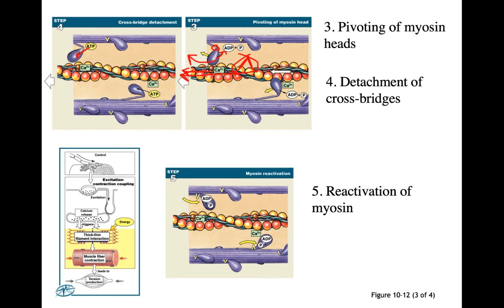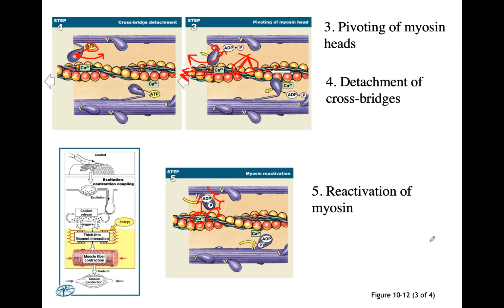Once it's pulled forward, binding of the new ATP will cause the release of the myosin head, and it'll give it a chance to move back to its starting position, as you see here, and recharge that myosin head with more energy to bind to a new binding site. So long as you have calcium bound and available ATP, you will constantly be able to detach, recharge, rebind.